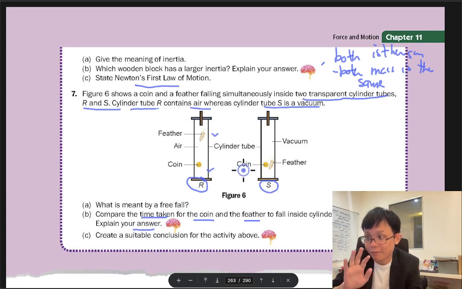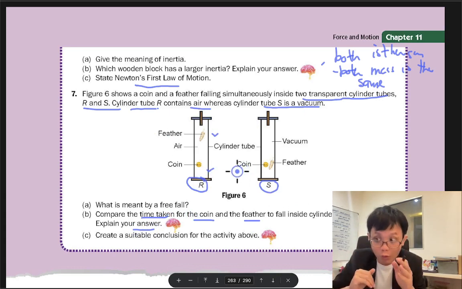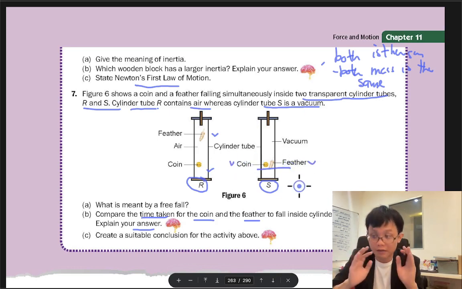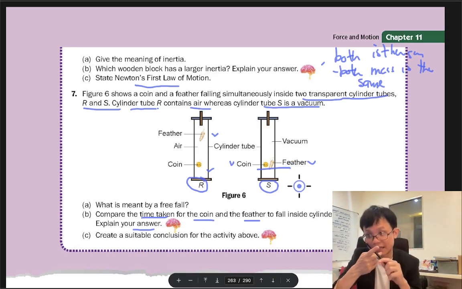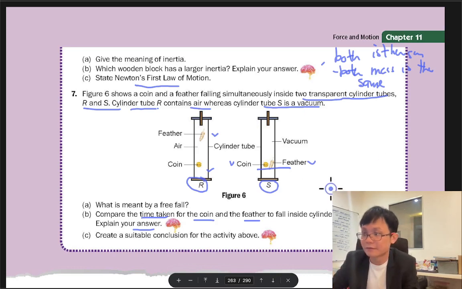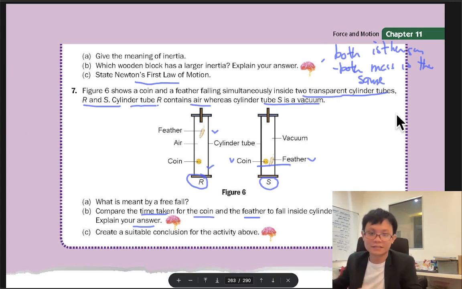Compare the time and we explain why. And then we can see that the coin and the feather are together, the time, and then why. So we get the data for R, we say why. We get the data for S, we say why. For this question, I can give 4 marks. So why don't you try and think in your mind. Okay, so let's see. I hope that you can.